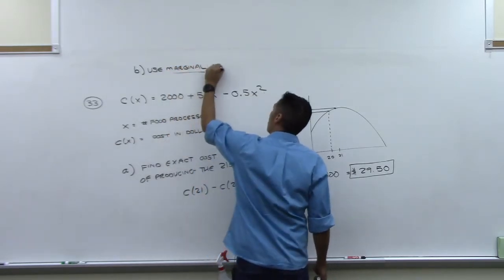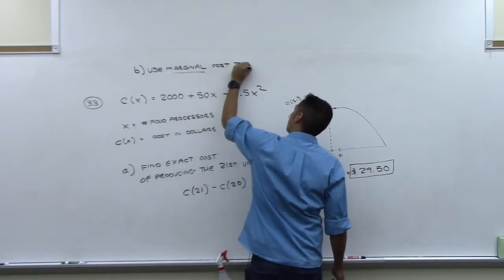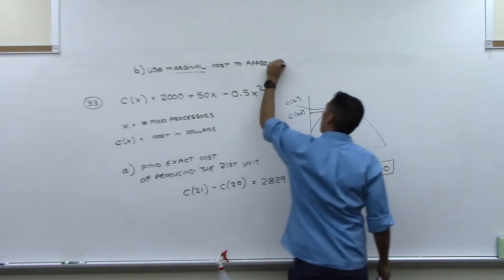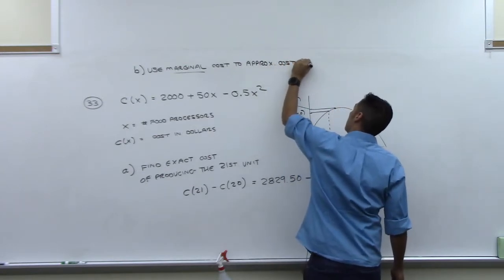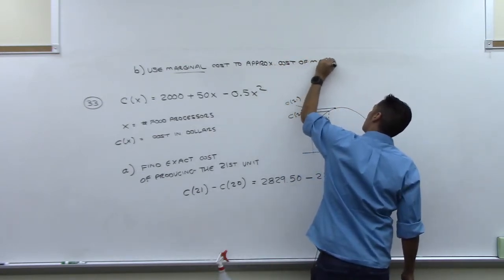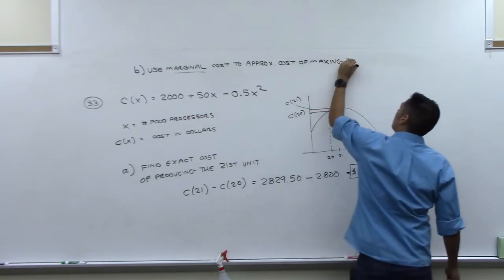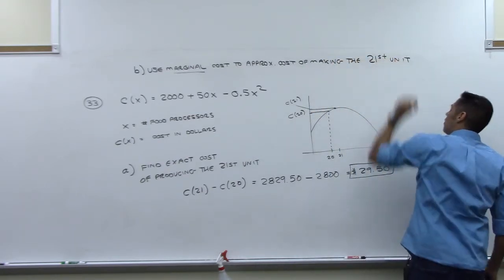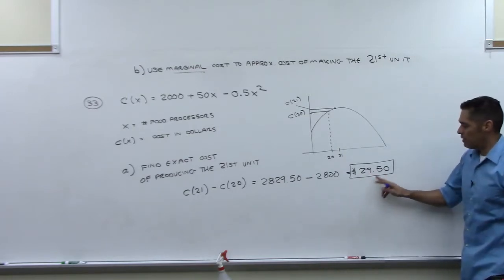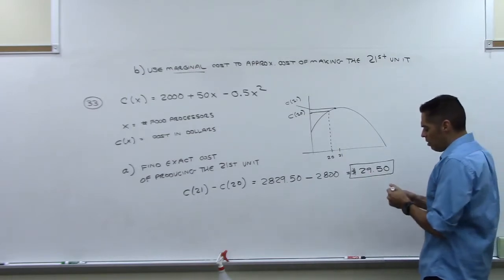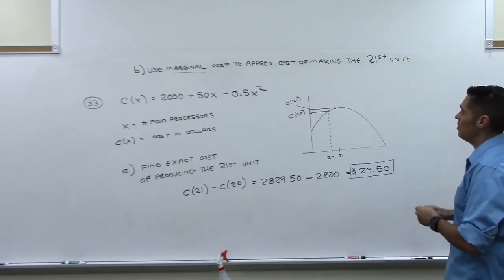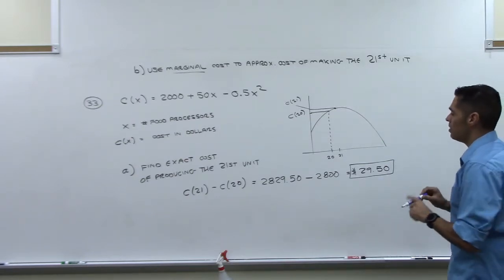Use marginal cost to approximate cost of making the 21st unit. So we know exactly how much it costs us to make the 21st unit. All this problem is doing is showing us how we can use the marginal cost to approximate this answer, that we're going to get a pretty close answer.